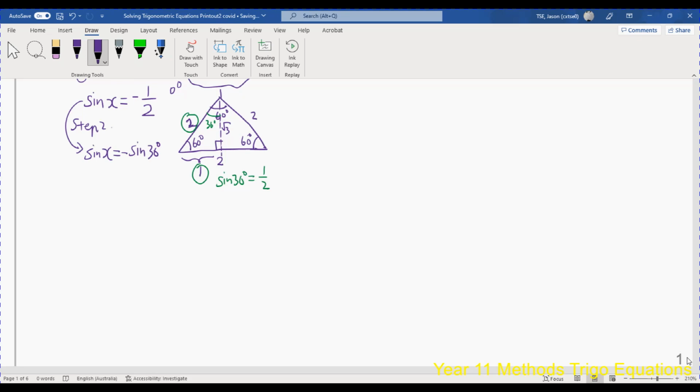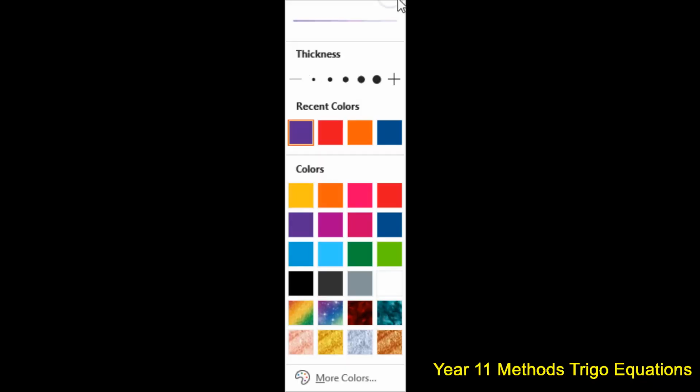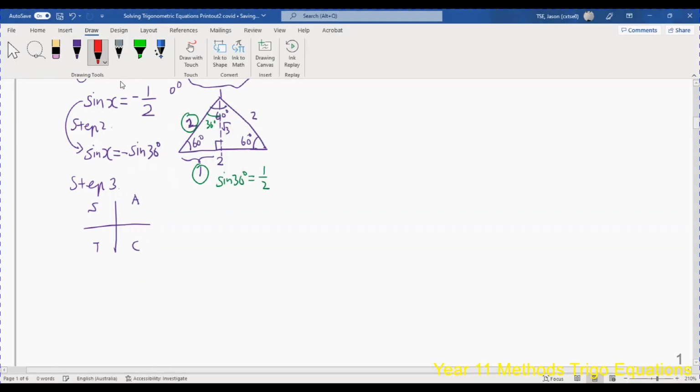Okay, so sine being negative, which 2 quadrants? So that's our step 3. 4 quadrants, add sugar to coffee. For sine being negative, it must be in the 3rd quadrant and 4th quadrant. Okay.